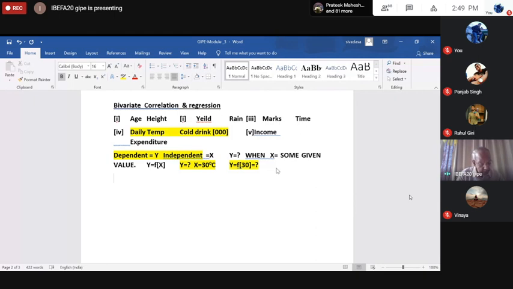So the sample data is, say for example, x1, y1, that is one observation. x2, y2, second observation, and so on. x40, y40 is the last observation in a sample selected to study the sale of cold drink when the temperature is 30 degrees Celsius.